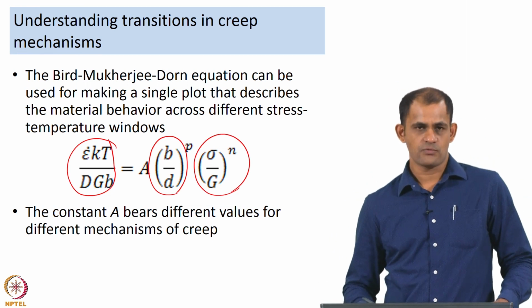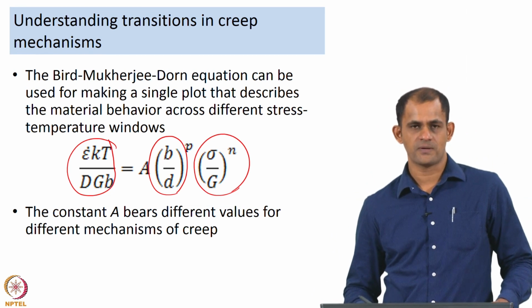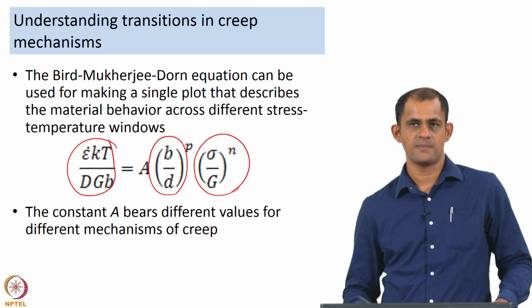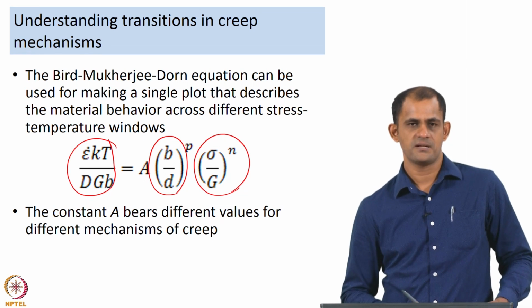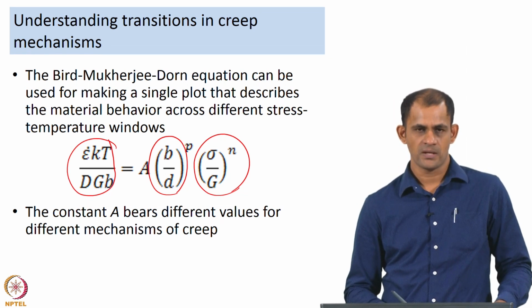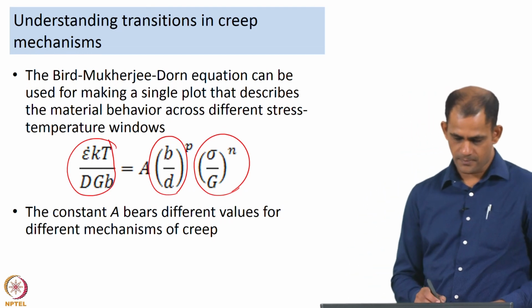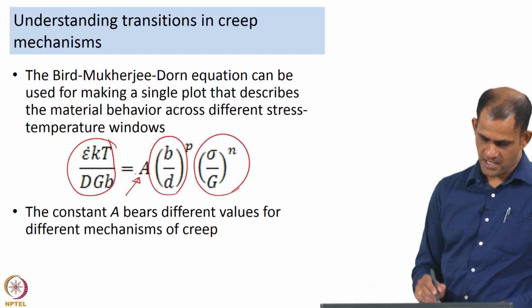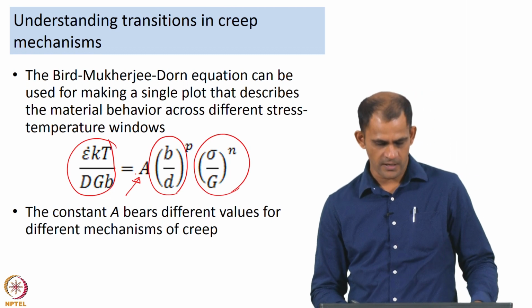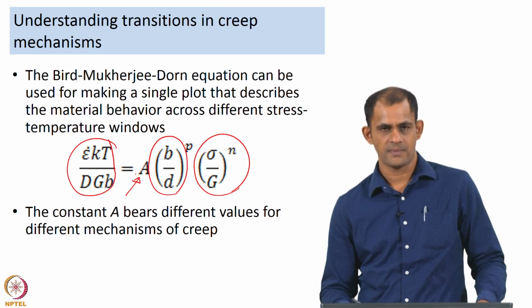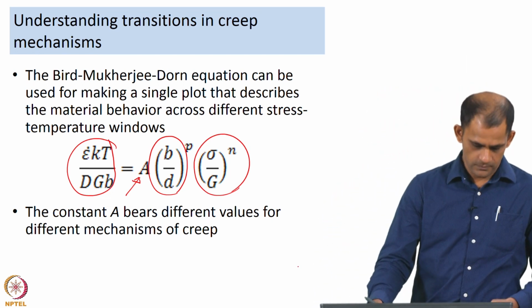So, it is a dimensionless equation, and it can be used for making a single plot that describes the material behavior across different stress, temperature and microstructure windows. And one of the key terms here is the constant A, and this constant A bears different values for different mechanisms of creep.